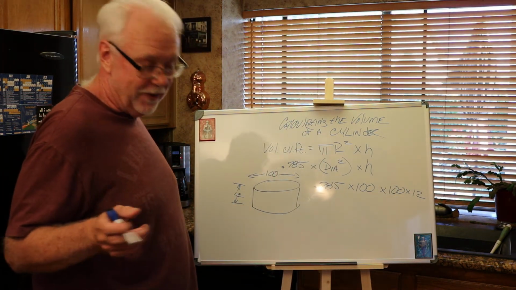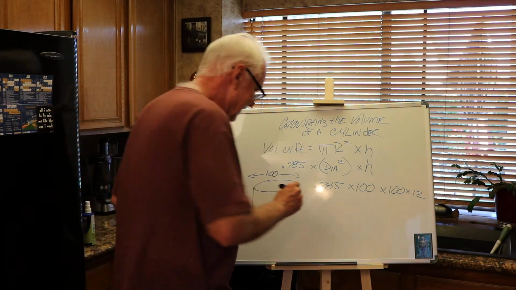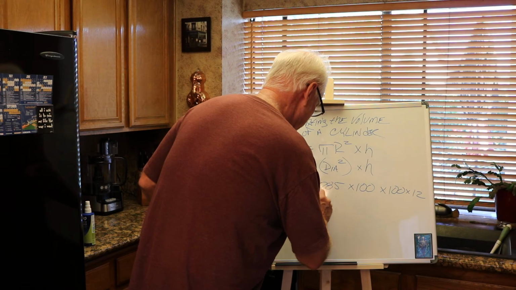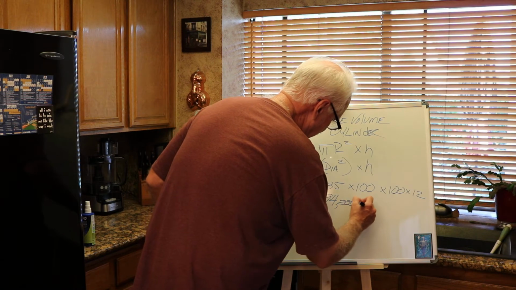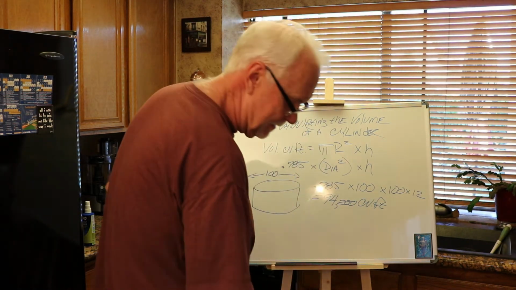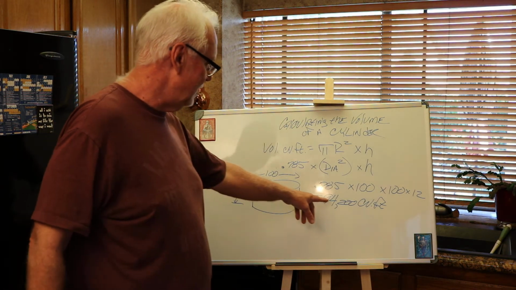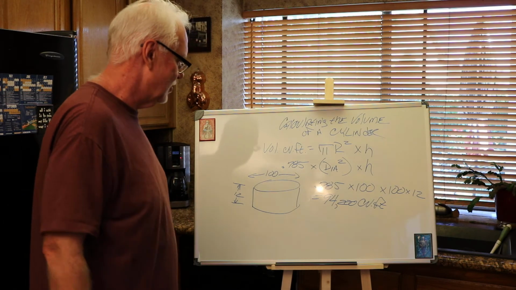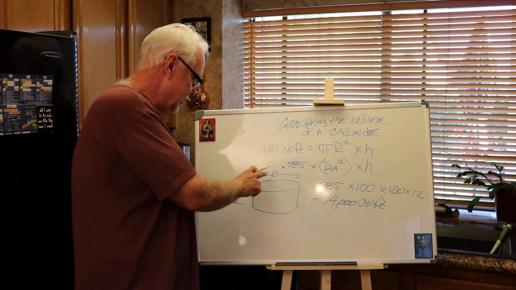And when I multiply all that together, I'm going to get 94,200 cubic feet. Okay. So now we have the volume in cubic feet, 94,200. Again, it's a 100-foot diameter tank, 12 feet deep.